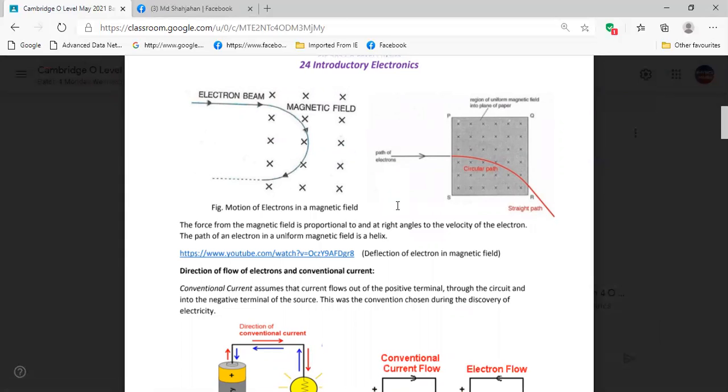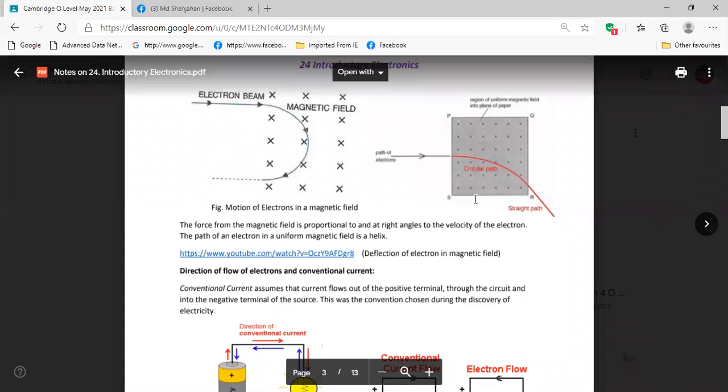Yes, sir. Now you can apply, though you know it, you can apply your left hand to apply Fleming's left-hand rule here.